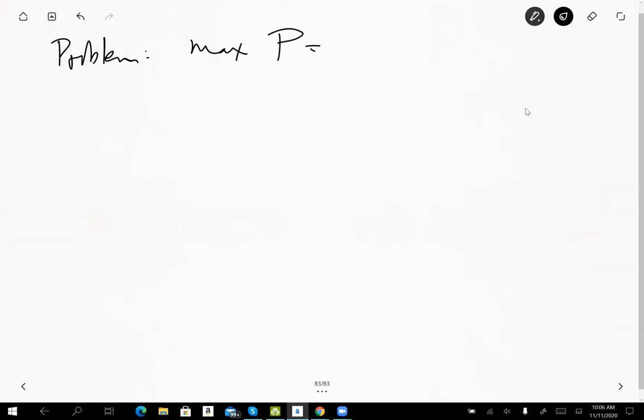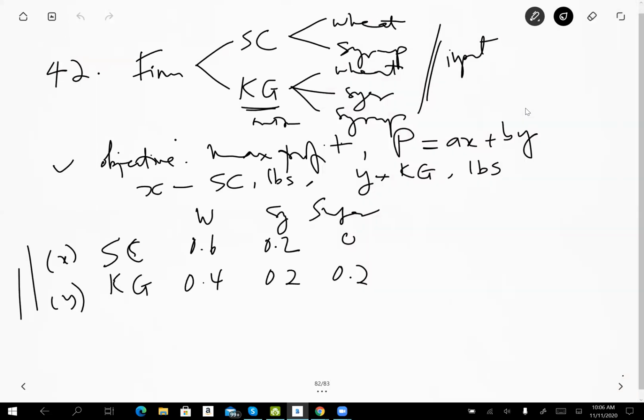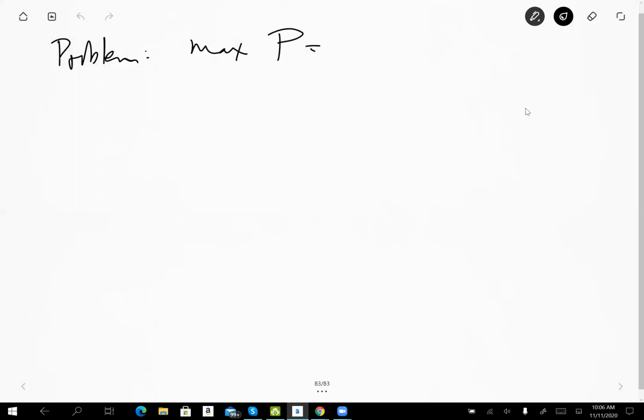If you look at the profit, you can see the profit per unit of X and profit per unit of Y. So here, you can see that A is equal to 0.9, and then B is equal to 1. So therefore, our profit function is simply equal to 0.9x plus y. All right, subject to the constraints, which are 0.6x plus 0.4y.